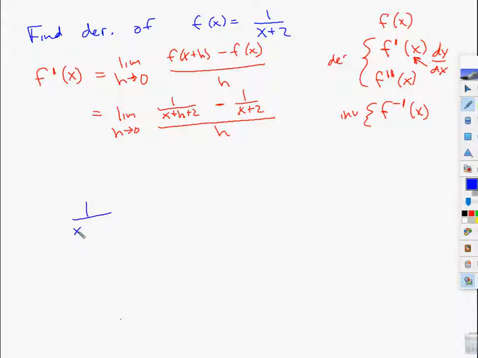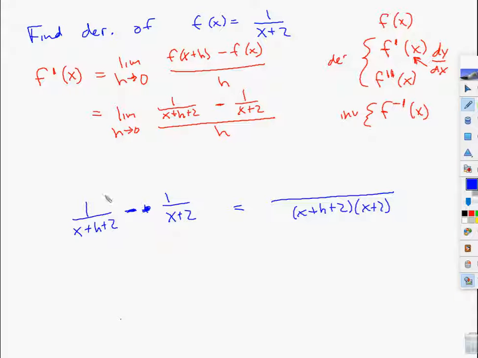So to combine fractions, hopefully you remember, that means I need a common denominator. So my common denominator is x plus h plus 2 times x plus 2.